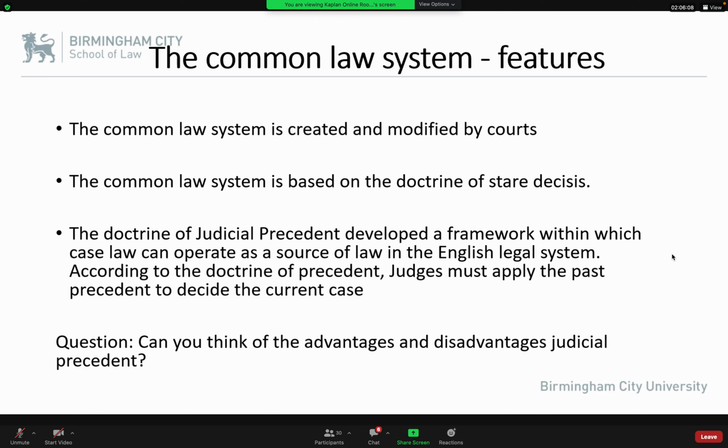This is from a time when English wasn't the official language; Latin used to be the official language. That is the meaning of stare decisis.